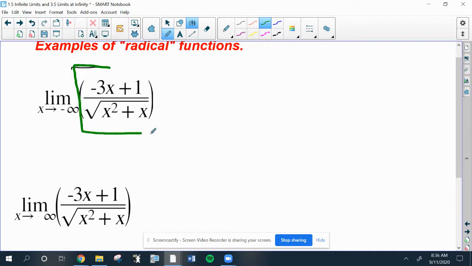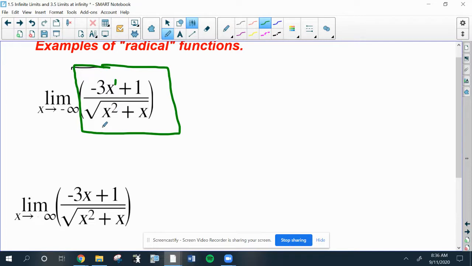If this were a rational function, which it's not, but if you thought of it as such, and you were looking at the degrees, well, the degree of the top is clearly 1. The degree of the bottom, you can't really say it has a degree because it's not a polynomial, but the square root of x squared is x. So you can think of the degree, quote unquote, of the bottom being the square root of x squared, which is x to the first.